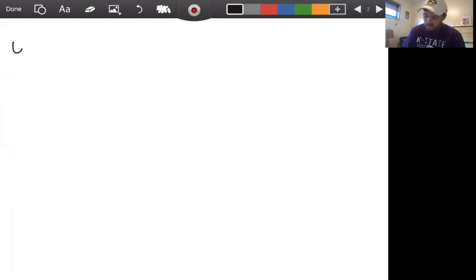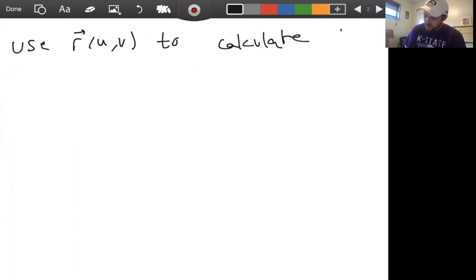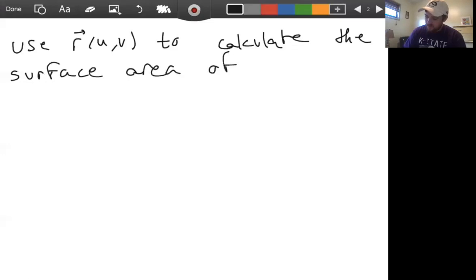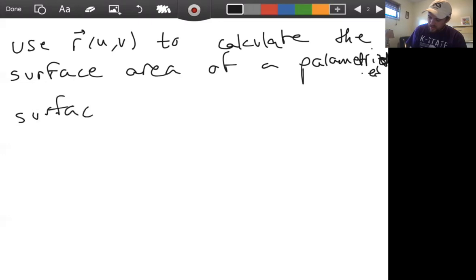So let's use this parameterization R of uv to calculate the surface area of a parameterized surface S. Now let's look at what we have.